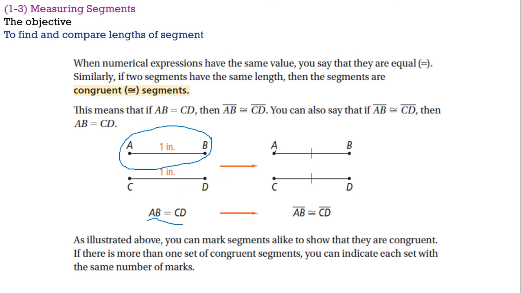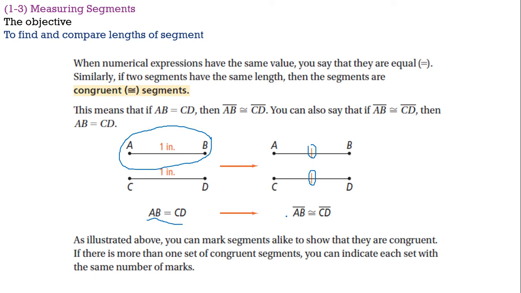I can just tell you by putting this small line on this segment and this small line on that segment to show you that these two segments are congruent, instead of giving you the size or numbers. So I will tell you that I don't know, for example, the length of this segment, but I know that AB is equal to CD. So in geometry, we just write this symbol on both of them.